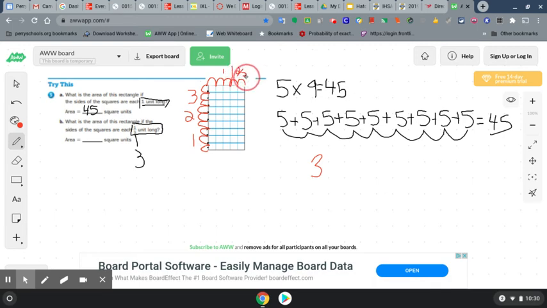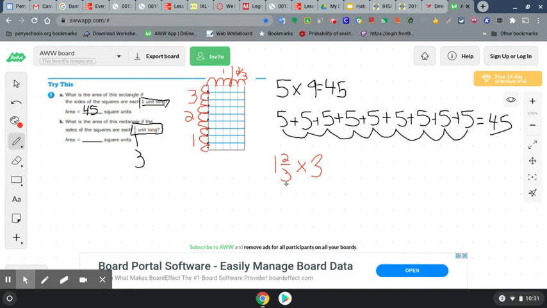So 3 times 1 2/3. Okay. And so we're going to look at how to solve this.